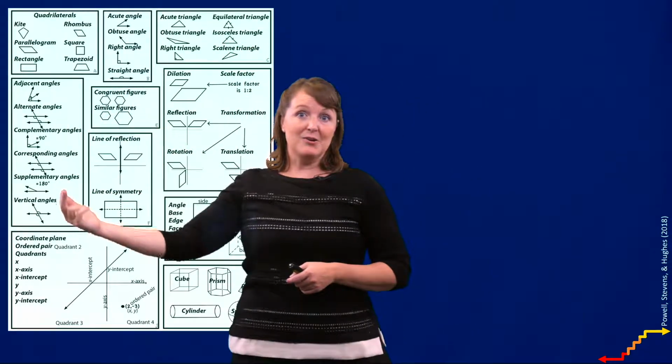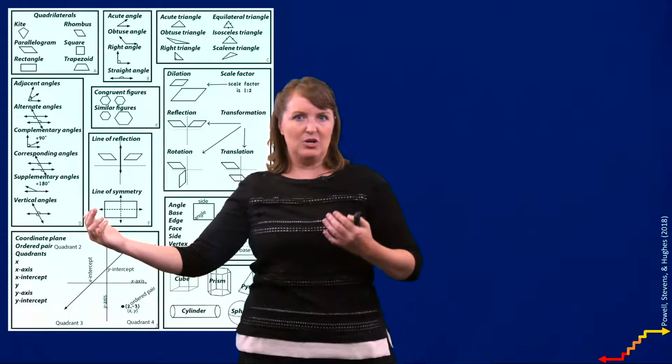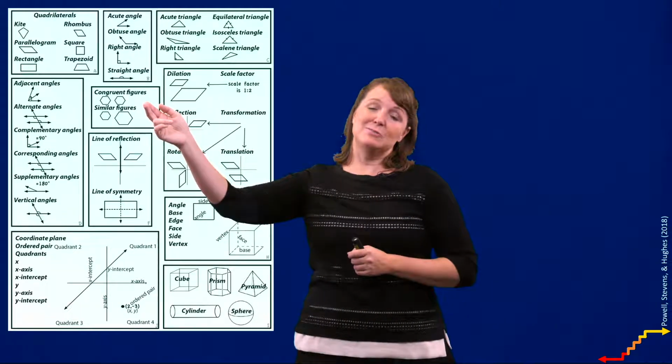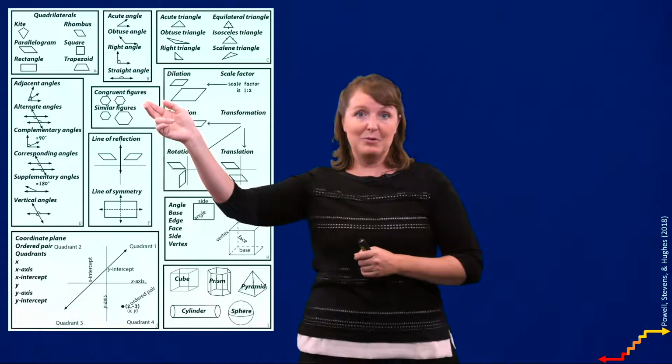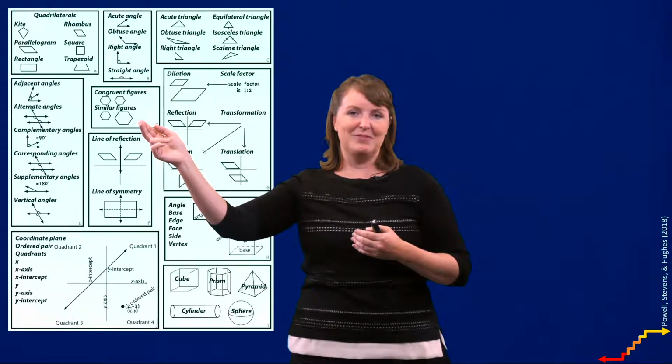Here are some more angle examples. Are you talking about complementary angles and supplementary angles in the correct way and providing specificity with those terms? A lot of students will just use the word same for congruent figures and similar figures when they actually are congruent figures and similar figures.